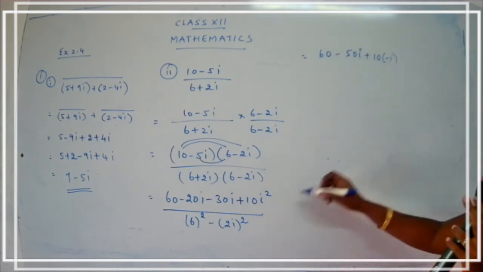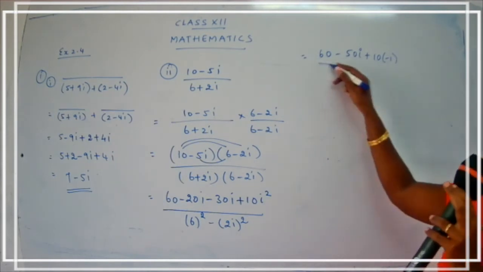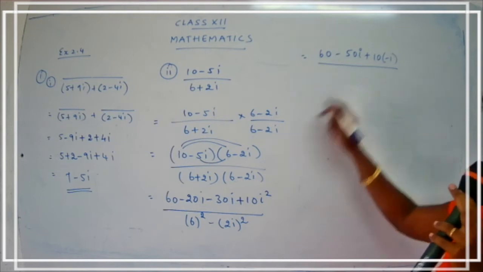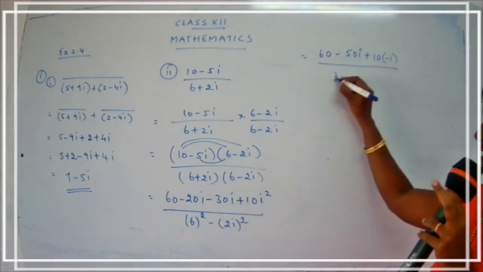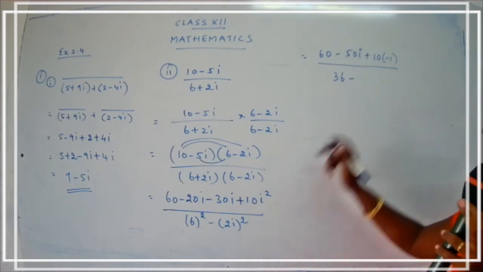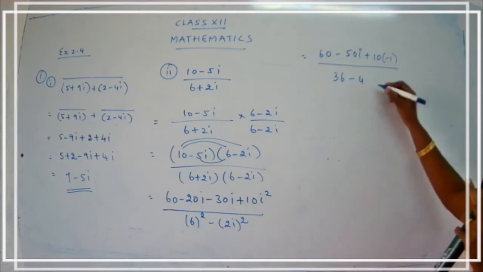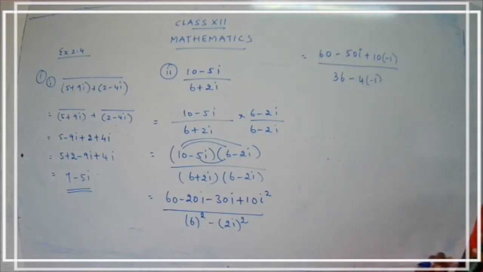Are you clear, children? i square is minus 1. So you get here minus 1 upon 6 square, 36, minus 2 square. What is 2 square, children? 4. And what is i square? It's minus 1. Be careful with the substitution. When you open the bracket, be careful.